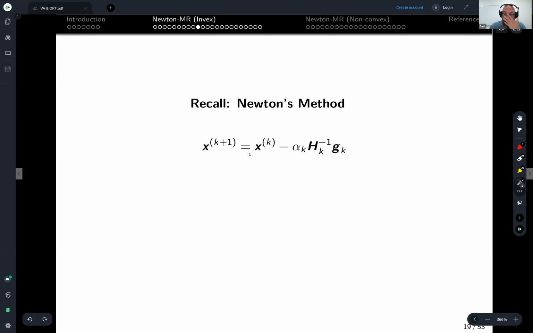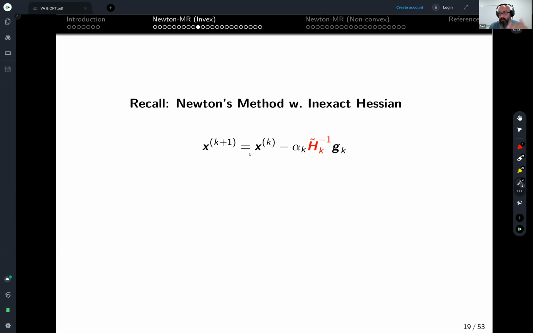And we had looked at this question before by replacing the original Hessian with its inexact variant, and we had looked at the consequences of this. The thing that helped us analyze this resulting approximate Newton algorithm was the fact that we had this spectral approximation guarantee on our approximate Hessian.